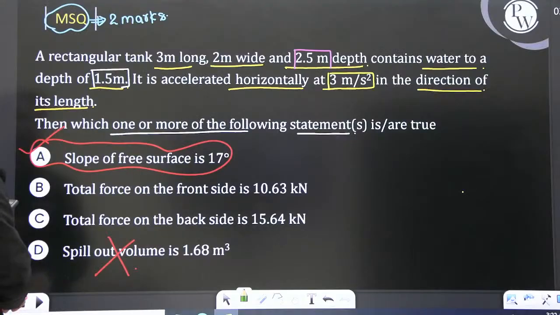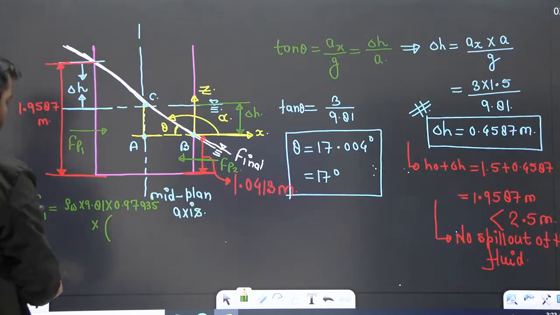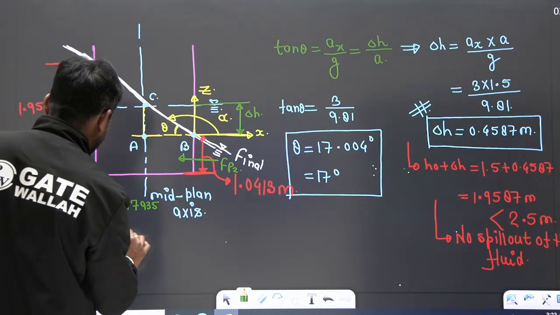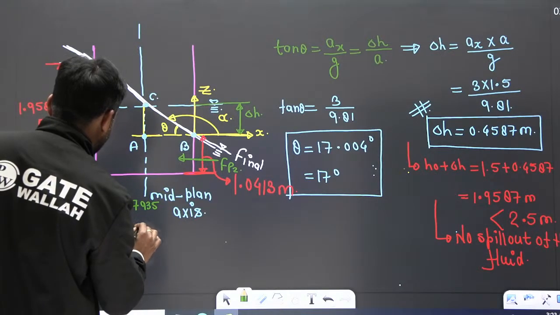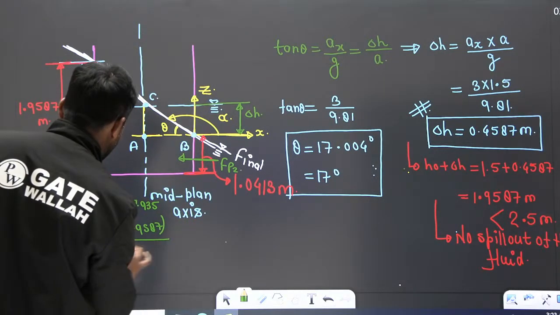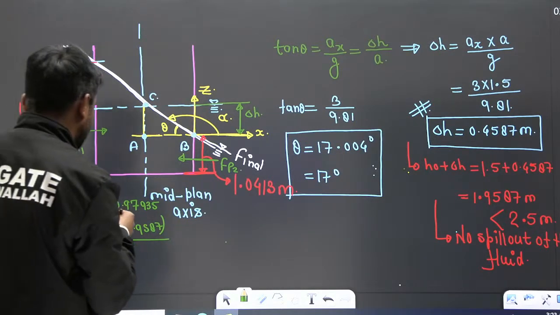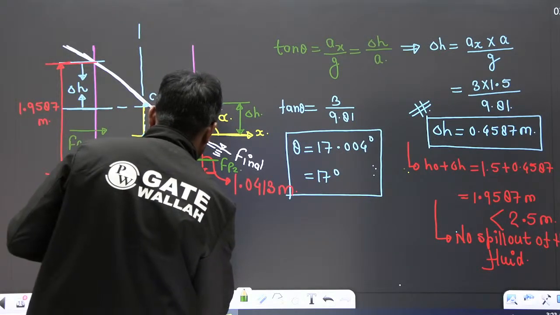So width multiplied by height. Width is given as 2 meter, that is 2 into 1.9587, and divided by 1000. So 1000 gets canceled out, and this is in kilonewton.